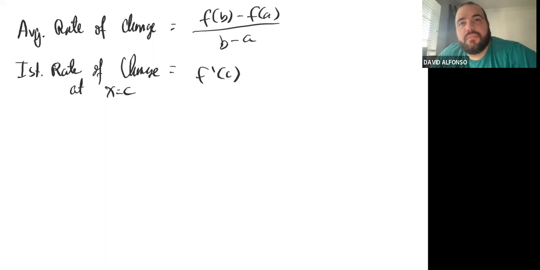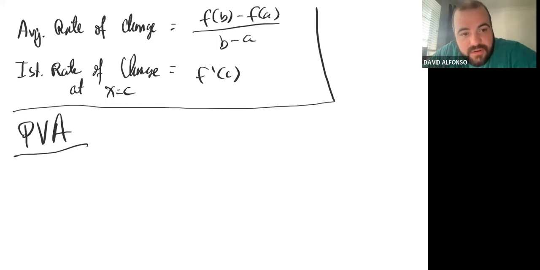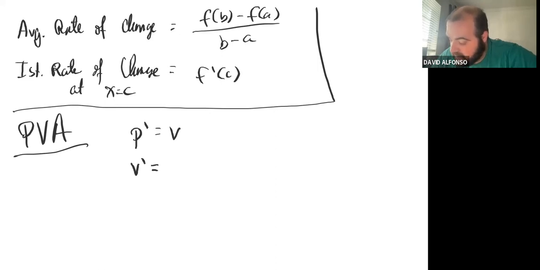Then of course we had PVA problems, your position, velocity, acceleration. The rate of change of position is velocity, and the rate of change of velocity is acceleration.